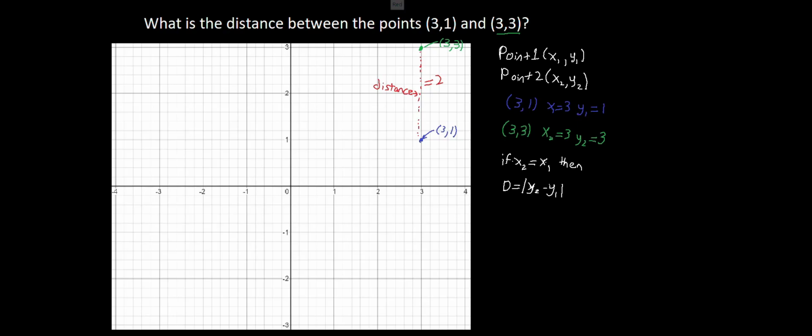So let's quickly use our example. In this case, D is equal to the absolute value, because I think that's important, of y2, which in this case is 3, minus our y1, which in this case is 1.